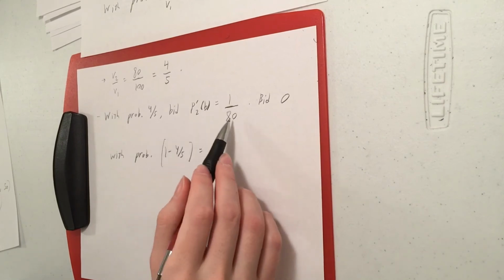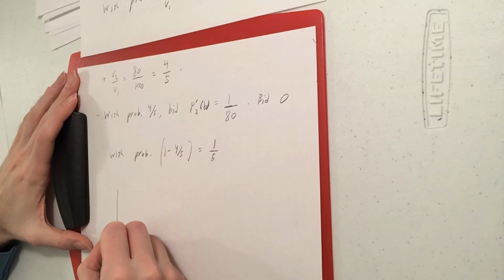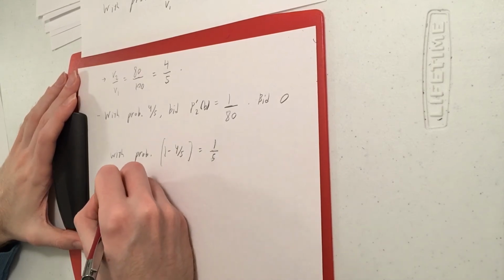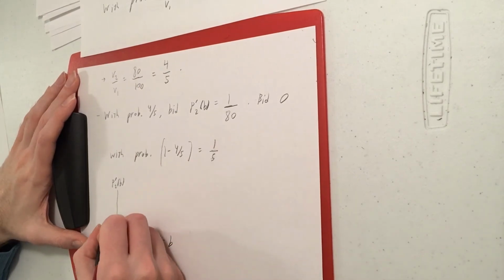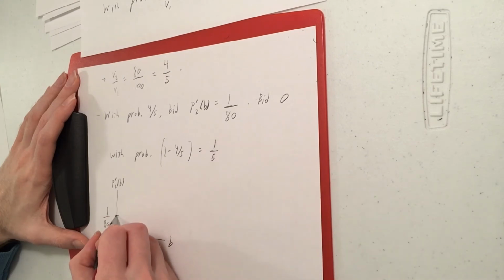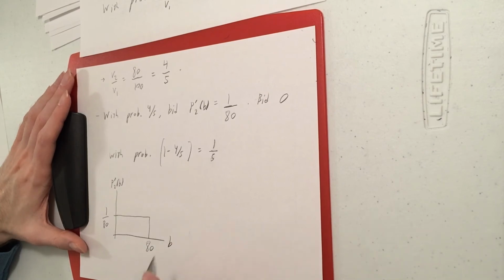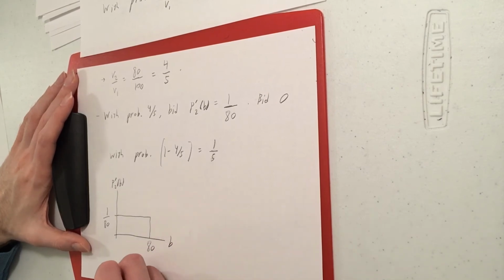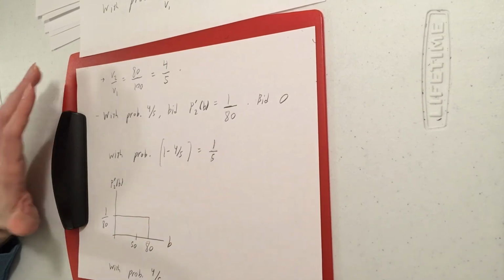All right, so let's draw the PDF for Joanne. So draw her P prime. So as before, the height's 1 over 80. Our base has to be 80. So here's 50.